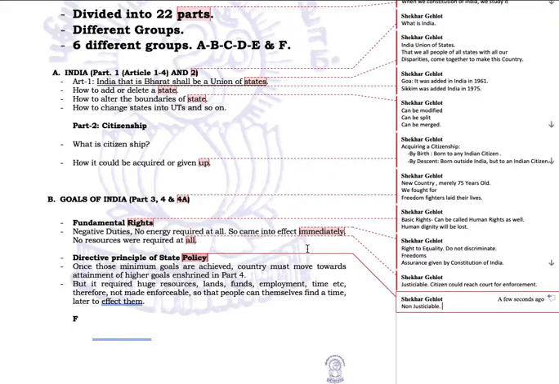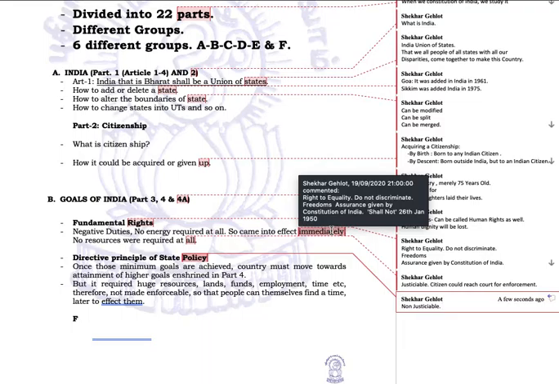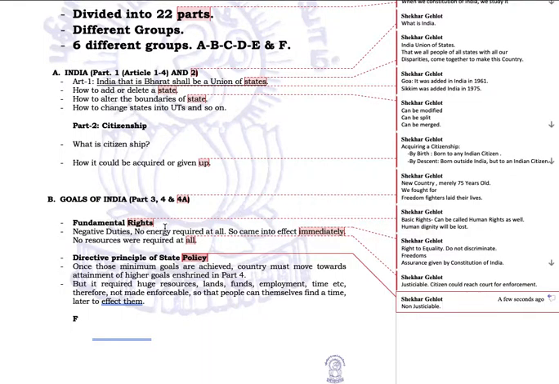Like we discussed, for implementation of fundamental rights the state does not have to do anything, it just has to sit back and treat all the people equally, and the fundamental rights shall be guaranteed. But implementation of the directive principles of state policy, which in short we call DPSPs, requires huge resources like land, funds, employment, time, etc.